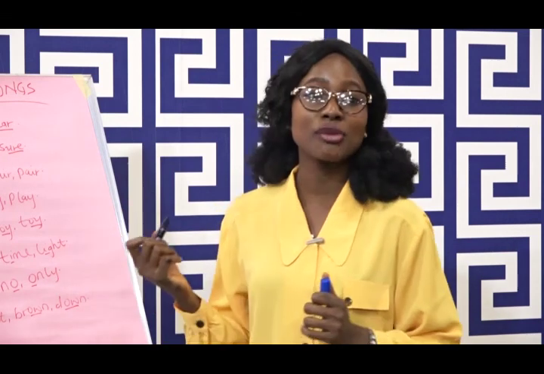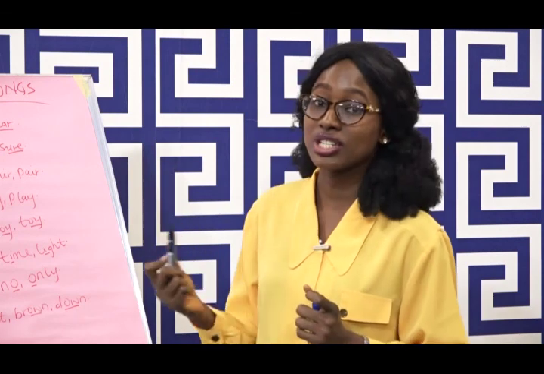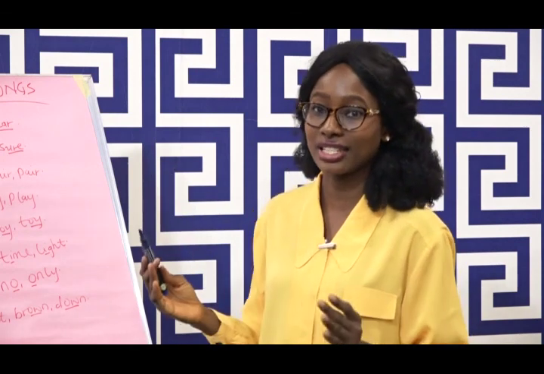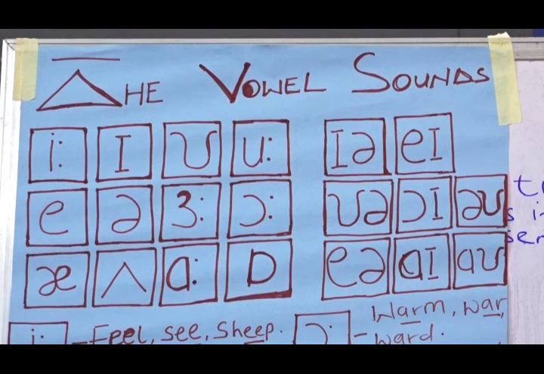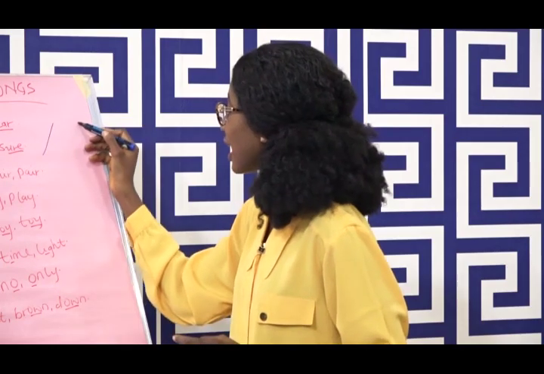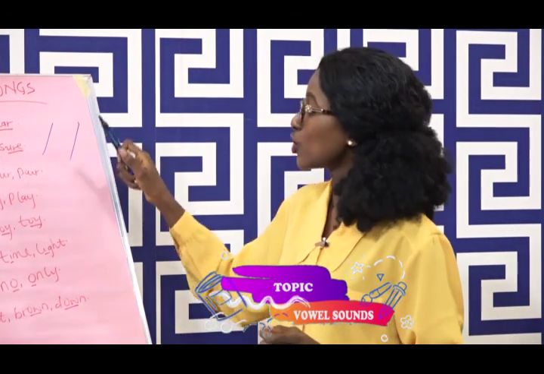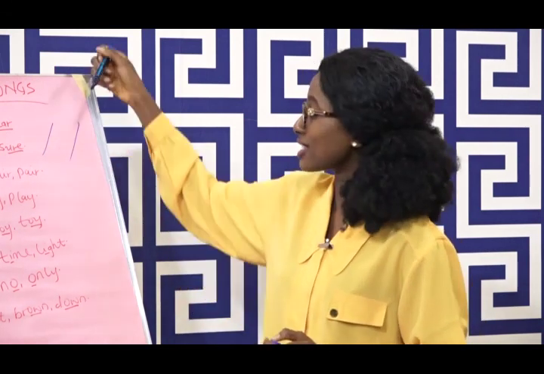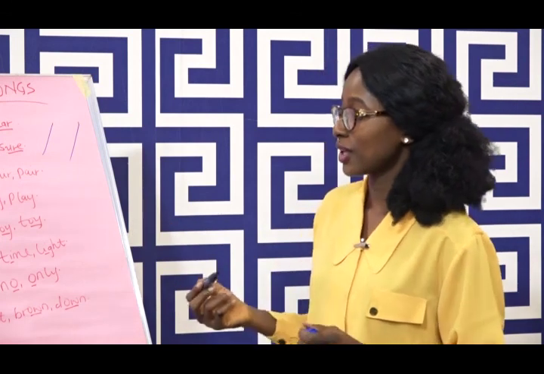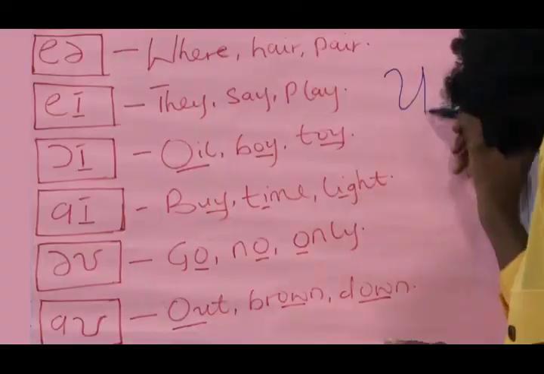Now, there is another interesting thing about sounds. For you to be able to distinguish a sound from an ordinary letter, you have to enclose them in slant lines. So when you are writing sounds, you always enclose them in slant lines to make it known that this is a sound.